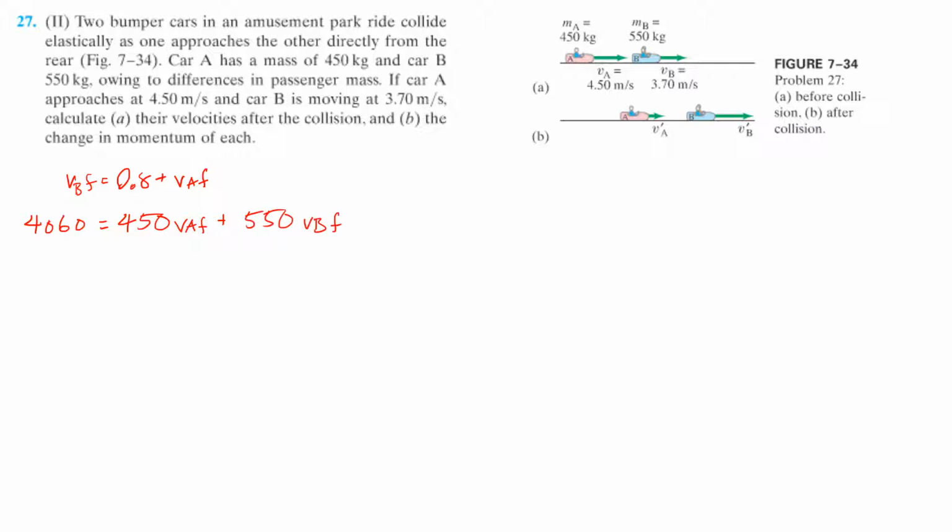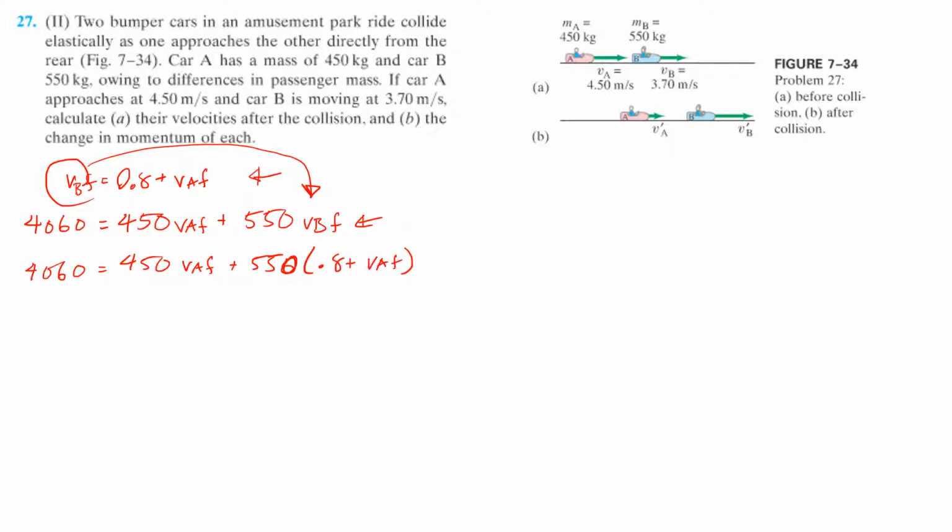This is from the conservation of momentum. This is from relative speeds. So now all we got to do is put this right into here. So 4060 is equal to 450 VAF plus 550 times 0.8 plus VAF.